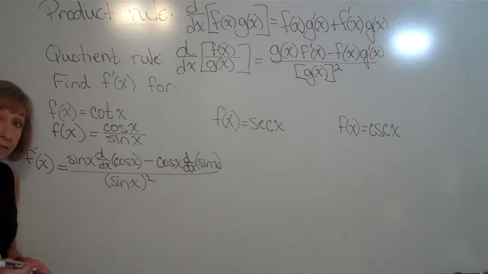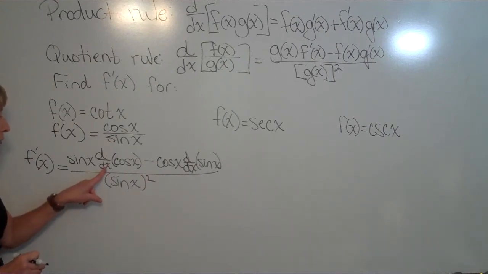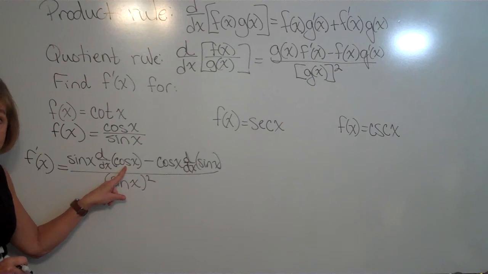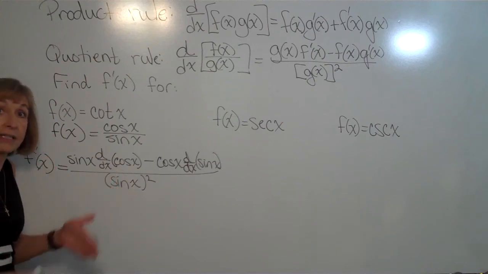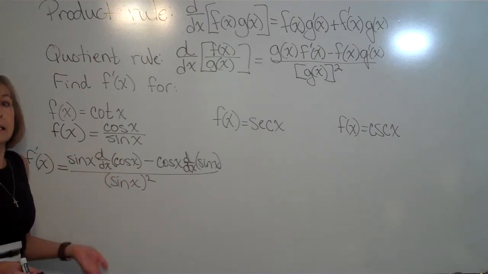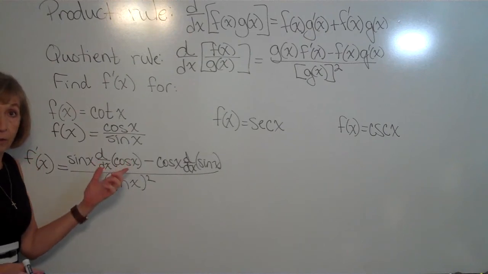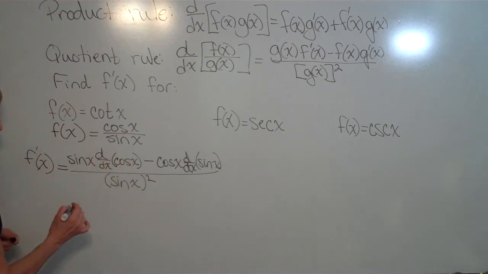Now we'll go ahead and do the derivatives, and remember this notation was reminding us we still needed to differentiate. We were just getting everything in place for the quotient rule. When we actually do the derivative, we'll not write that notation.